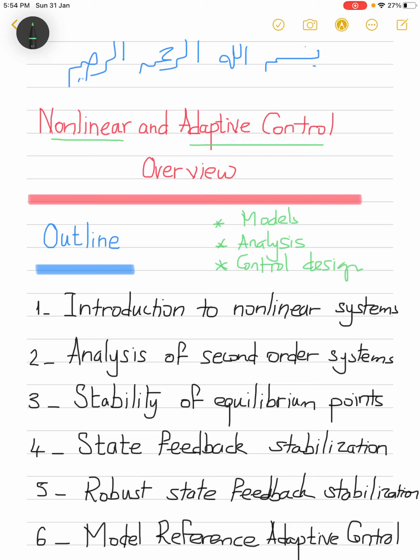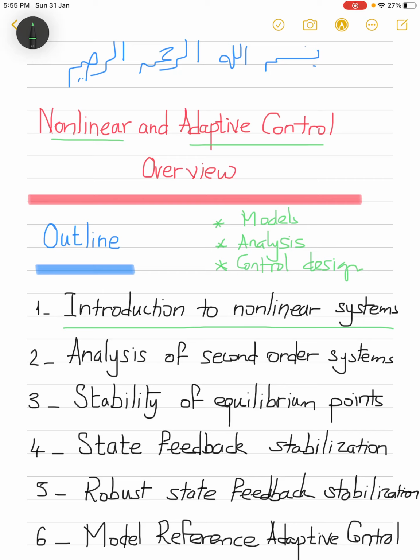This course is actually no different from this sequence, so I'm going to start by talking about the nonlinear systems from the modeling point of view. So we'll see the mathematical form of the models that could represent nonlinear systems, and we specify the class of systems that we are going to deal with.